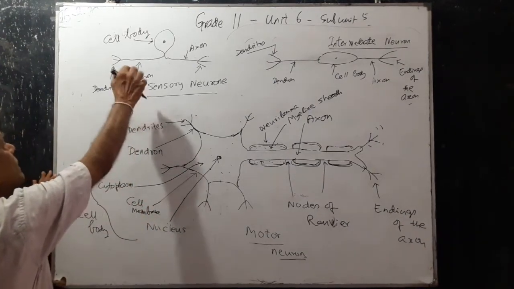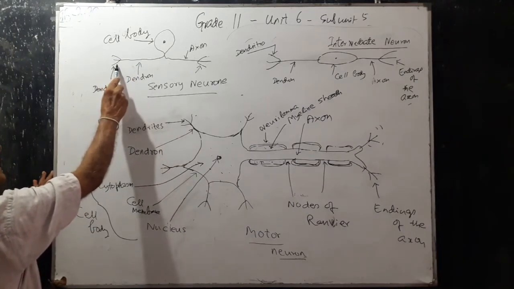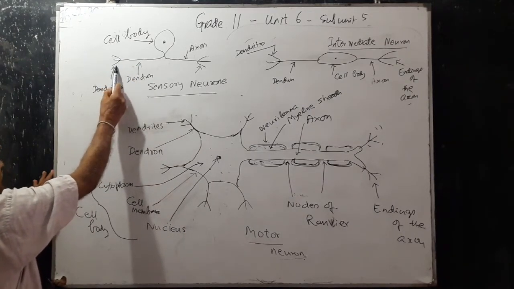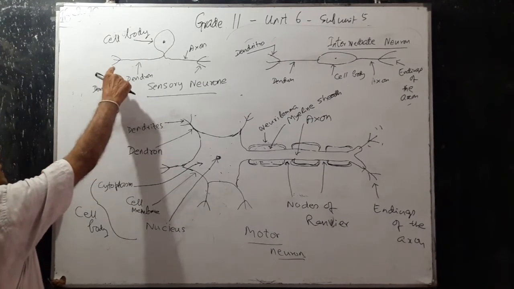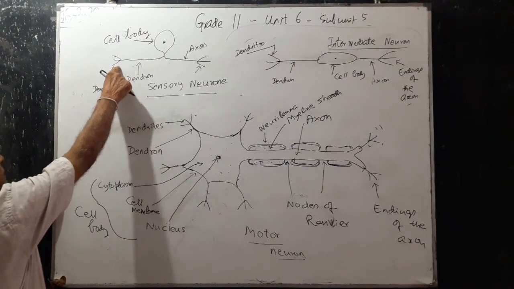Now these are dendrites. Dendrites of sensory neurons are present in the sensory organs.